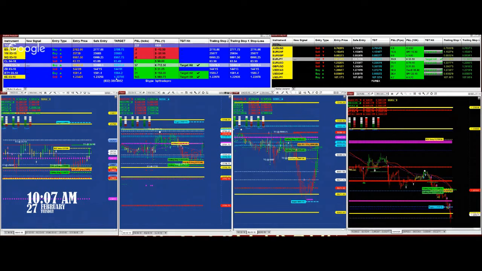The target was 227.95. Target hit. The same thing for the Russell. We had the buy signal at 1561.4, and the target was 1564.2. Target hit. On the DAX, we had an entry at 487.5. The target was 517.5. Target hit, nailed 60 ticks on that trade.